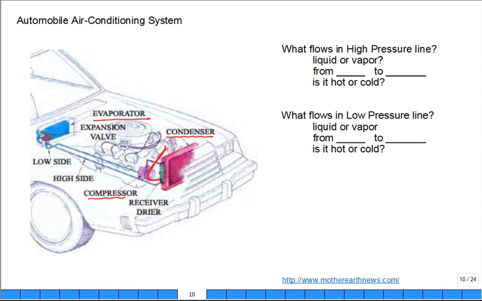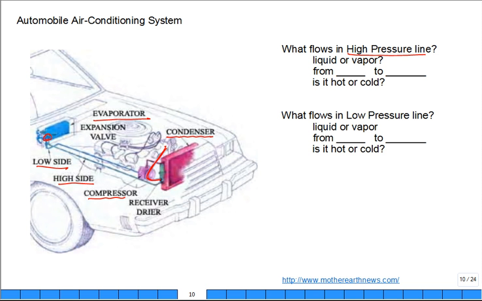True? So, question. You have two lines that go back and forth. You have what they call a high side line and a low side line. Low what? High what? Pressure. High pressure and low pressure. In one of the lines, it's high pressure refrigerant. In one of the lines, it's low pressure refrigerant, right? So in the high pressure line, what's flowing? Don't call it out.